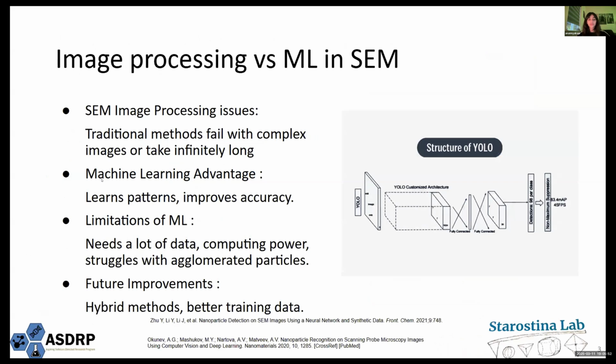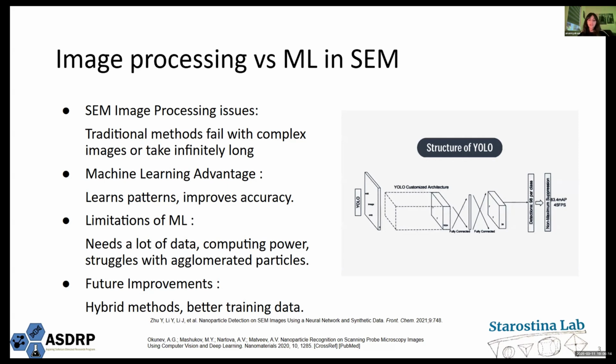So now we're going to be talking about image processing versus machine learning in scanning electron microscopy. Like I mentioned earlier, this is useful for analyzing smaller materials, but processing scanning electron microscopy images is hard. Traditional methods like edge detection struggle with images that are really complex or dense.